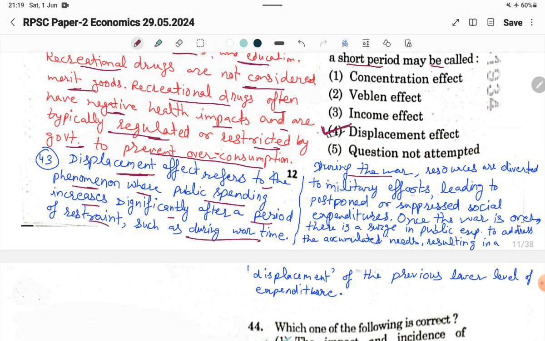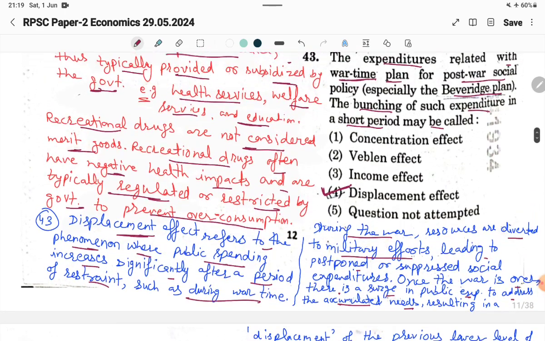During the wartime, resources are diverted to military efforts, leading to postponed or suppressed social expenditures. Once the war is over, there is a surge in public expenditure to address the accumulated needs, resulting in a displacement of the previous lower level of the expenditure. So the displacement effect will be the right answer here.